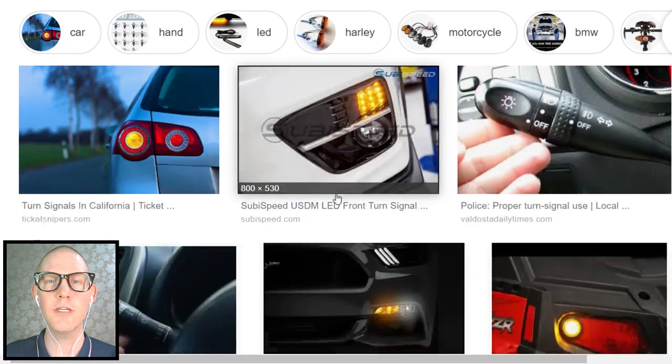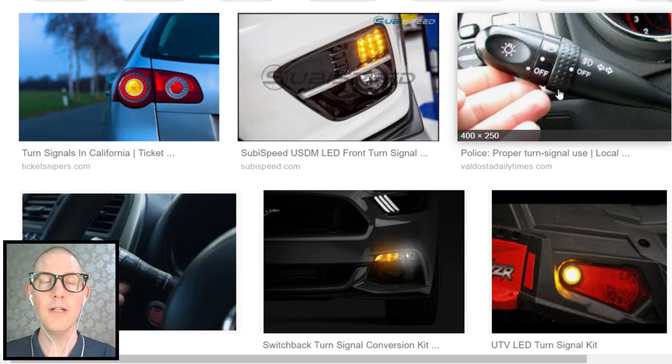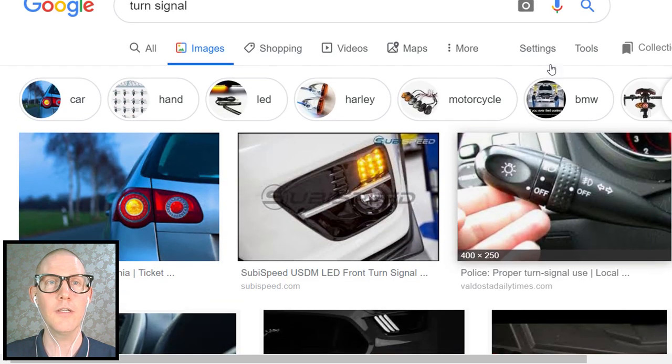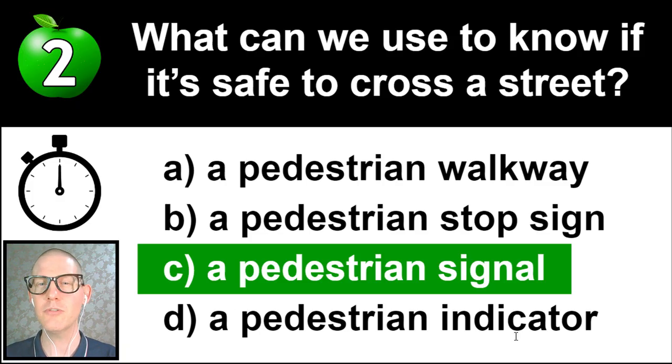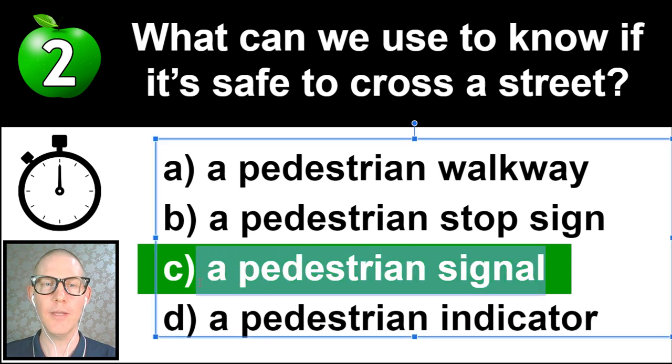Sometimes they'll say turn signal or they'll say turn indicator. And it's just showing other people what you're going to do, right? So indicator means to indicate, to show intention, what you're going to be doing. All right, so a pedestrian indicator sounds nice, but we have something better, a pedestrian signal.